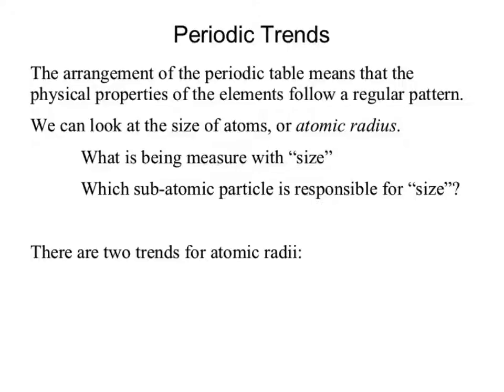So we go down a column, our atom gets bigger. Why? This comes back to the two questions that we've got in the middle. What is being measured when we say size? The diameter. And even how big runs into a problem too.